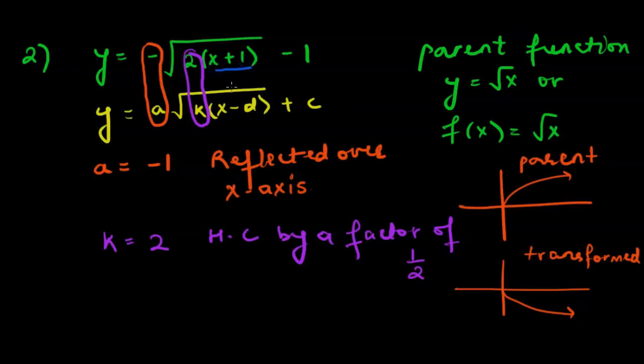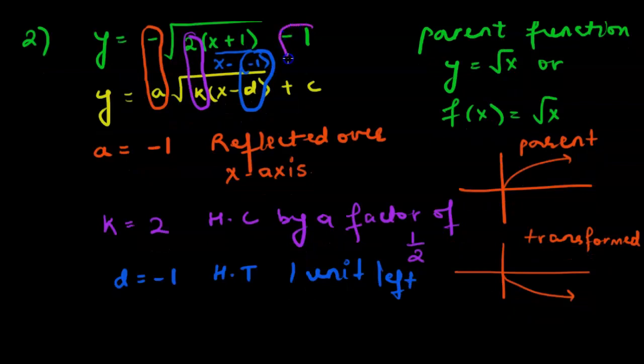So this means that it should have been written like this, x minus -1. That's why we got minus and minus equal to plus. So from here we pick up our d value, and d = -1. d negative means the parent function graph is horizontally translated 1 unit left.